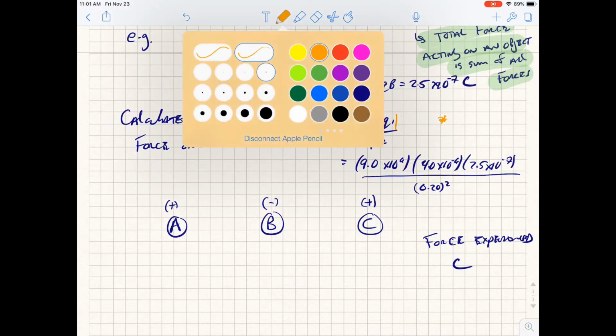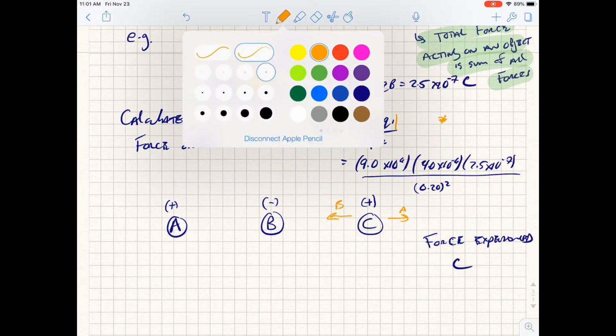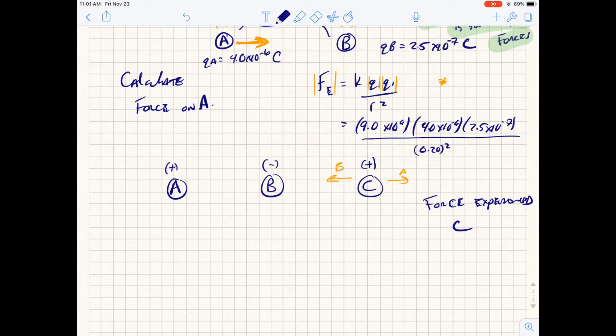In a strictly qualitative way, C is going to feel an attraction from B, but it's also going to feel a push from A. So the question is, what is the net force going to be? When you do these problems, it's important to use notation. So we want to say, what's the force on C due to B?